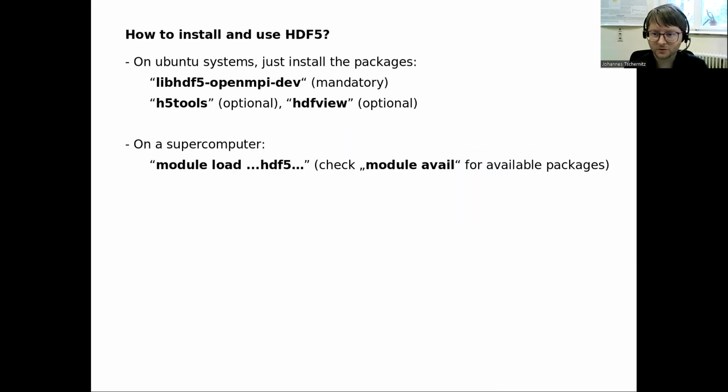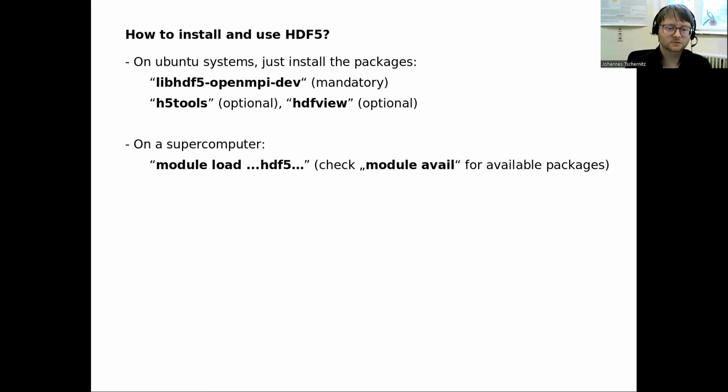If you want to use the HDF5 module, you would also need an additional library, the libhdf5-openmpi-dev. It's available for Ubuntu systems. I'm not working with Mac systems, so I don't know how to do it there.